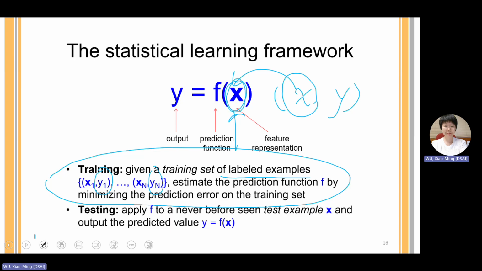And Y is the label, or the output of the prediction. We will follow this standard notation, using XY pairs to represent input and output.